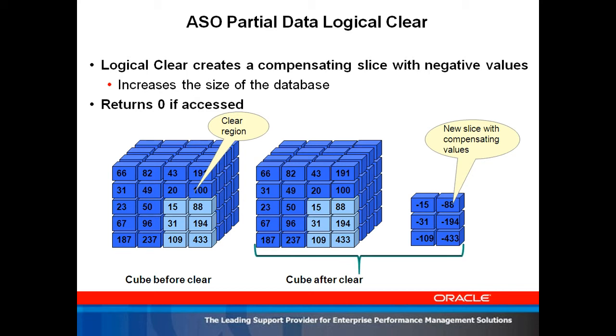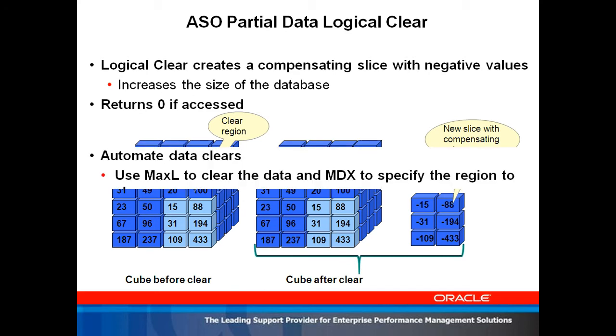And when the user requests the data, they will receive zeros for that data in the cleared region because the compensating slice has compensating negative values in a separate area of the database to compensate for the positive values in the cleared area. This method obviously increases the size of the database, but it takes less time than the physical clear. So it's recommended more often when you're clearing smaller sets of data.